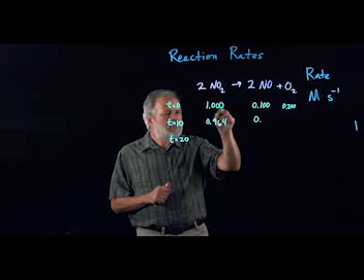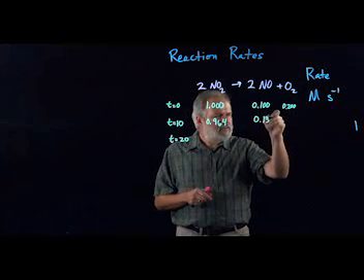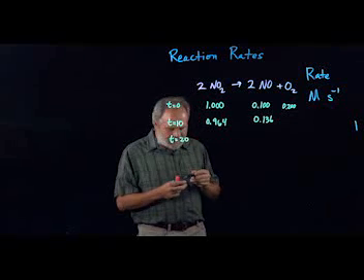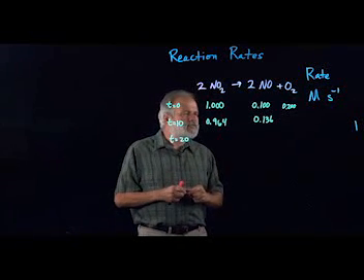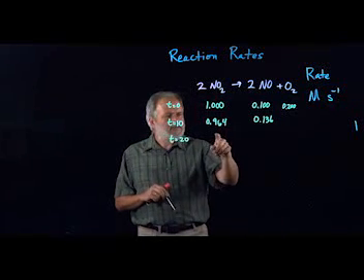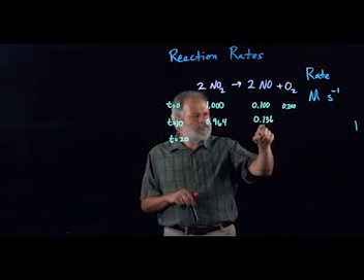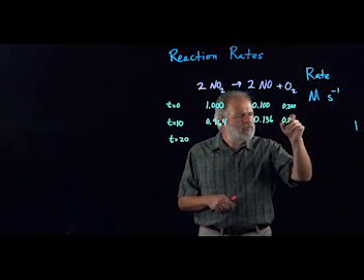So NO2 has decreased by 0.036, so NO must go up by 0.036. I know that's what it's going to be if it's just a simple reaction. Now molecular oxygen goes up at half the rate, and so if NO is going up 0.036, oxygen must go up 0.018. So this is 0.218.